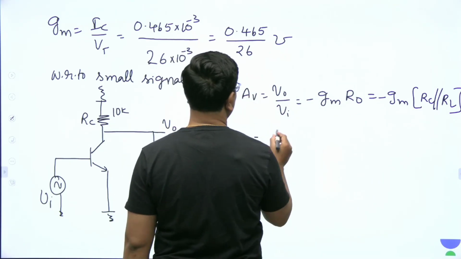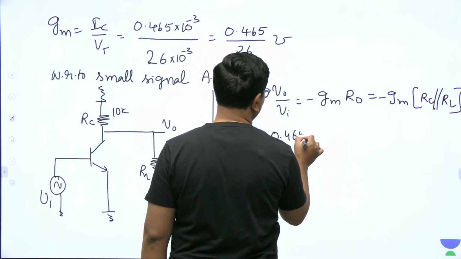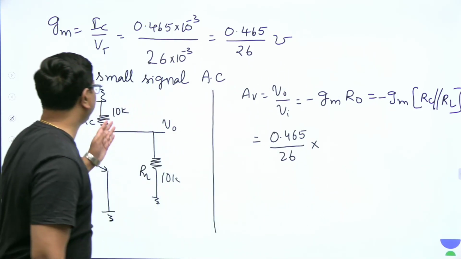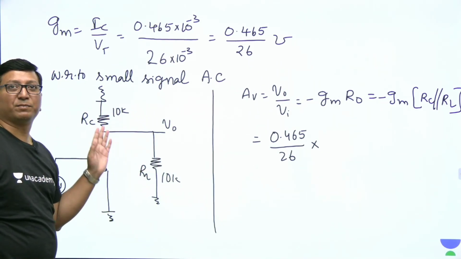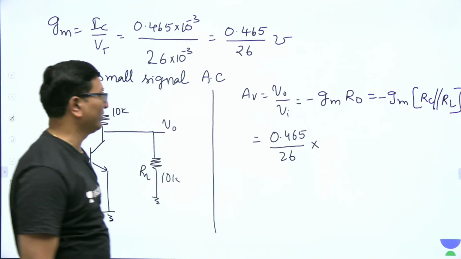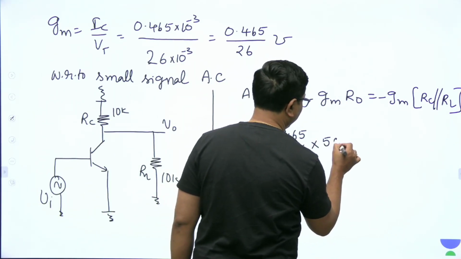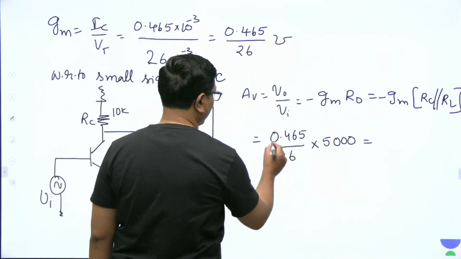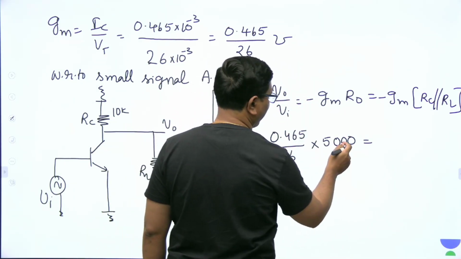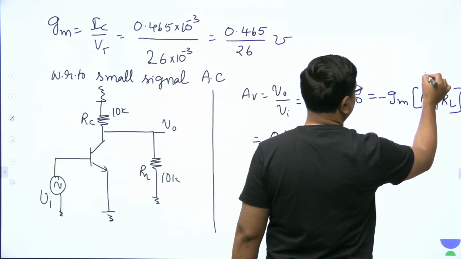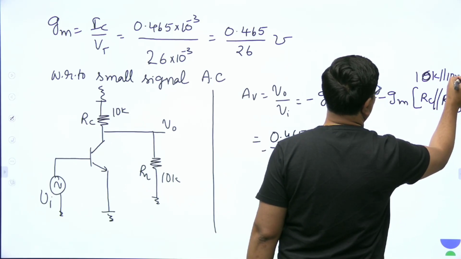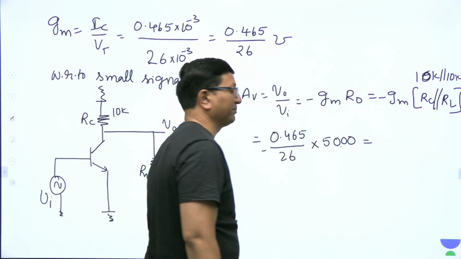So, what is the GM value? 0.465 by 26 into RC, which is 10 kilo ohm, with RL 10 kilo ohm. 10K parallel with 10K is 5 kilo ohm. So it is 5000, and if you solve it, how much do you get? Of course, the negative sign is a must. Directly I am writing 5000 because 10K parallel with 10K is 5K.